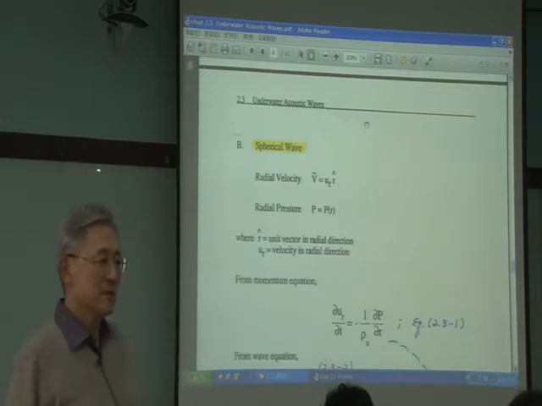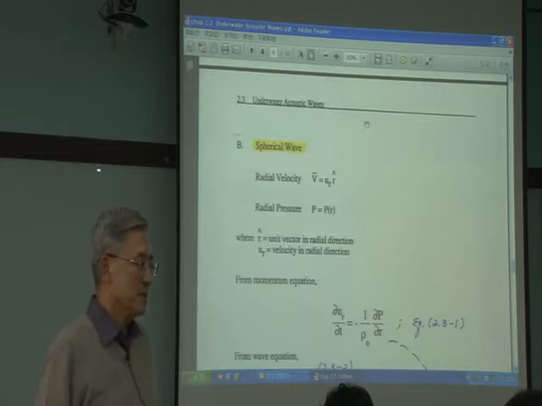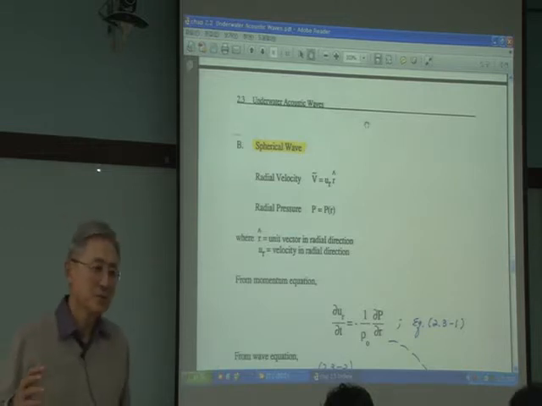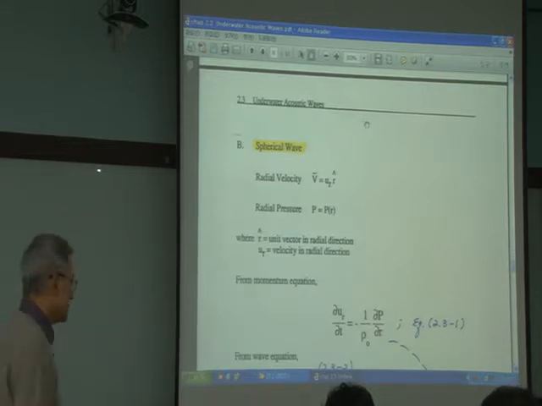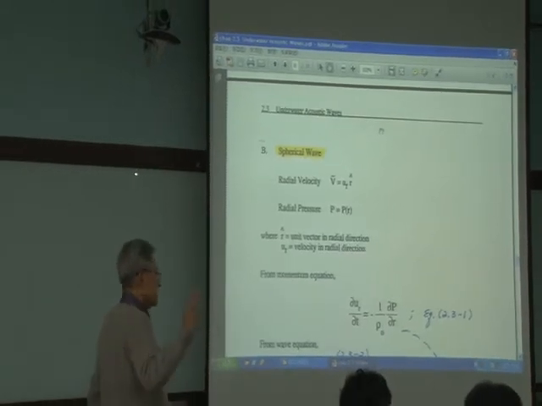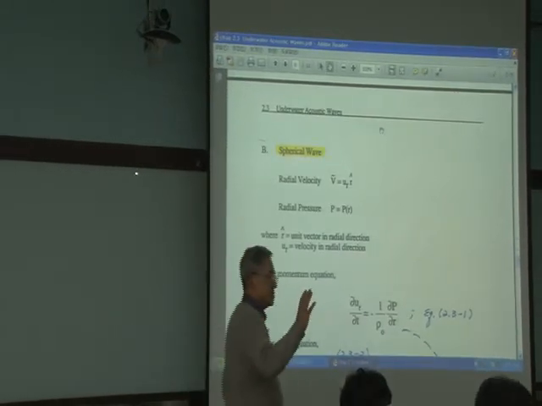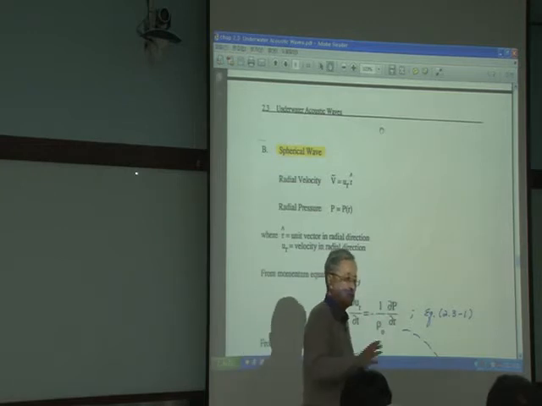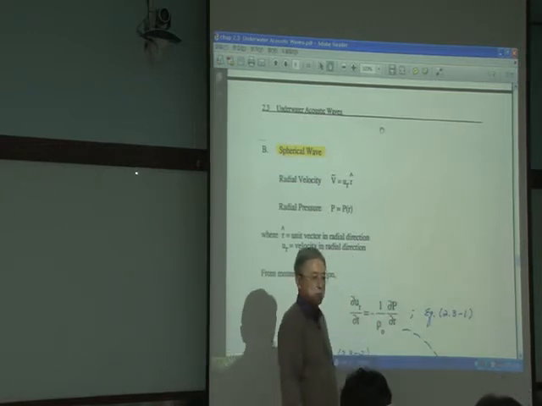Yeah, that's what we talked about. The plane wave is a one-dimensional wave, so the wave pressure is constant. It keeps moving; it's an infinite plane.